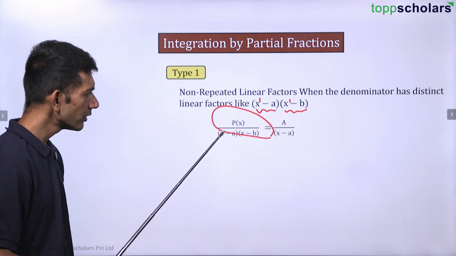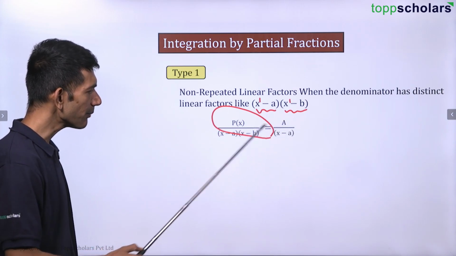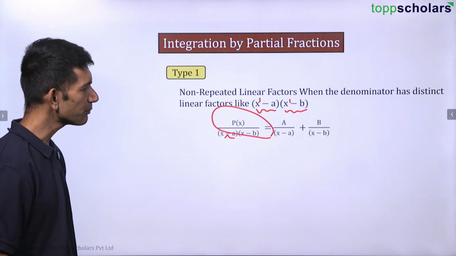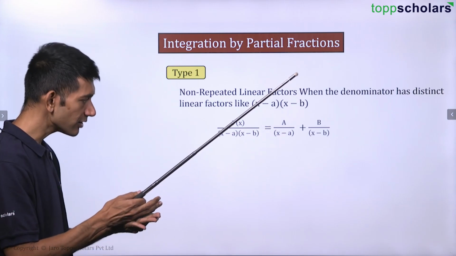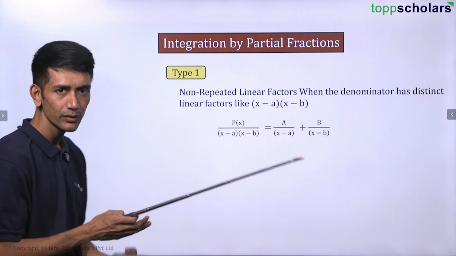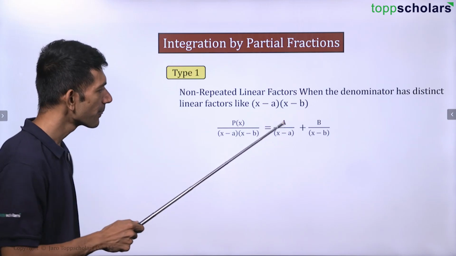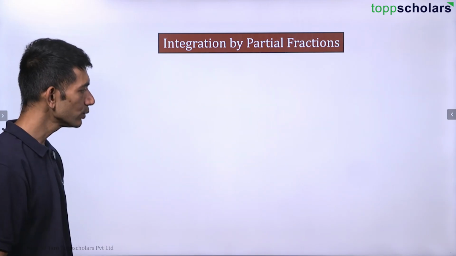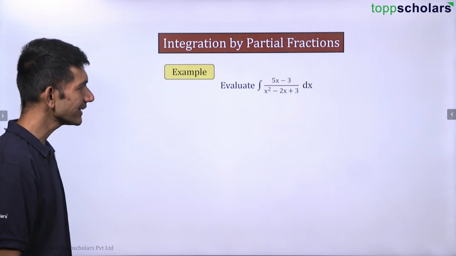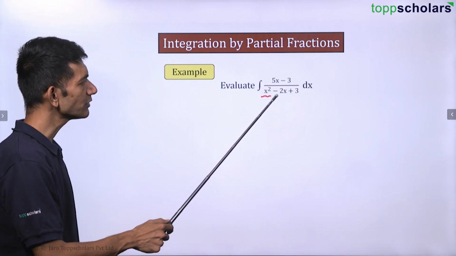What we do is, we assume this as equal to A by x minus a plus B by x minus b. We start like this. So basically, partial fractions, we are breaking it down into partial fractions. We find out this capital A and capital B. We do that first. Let us see an example. Now observe this part.